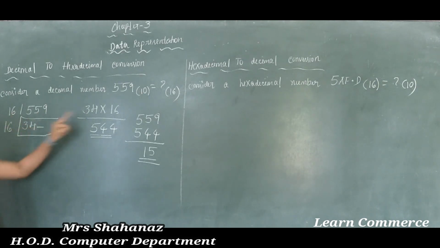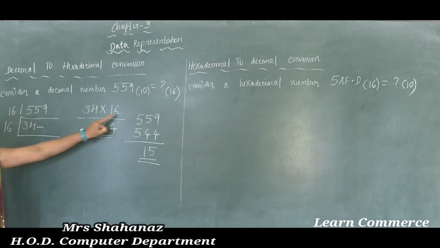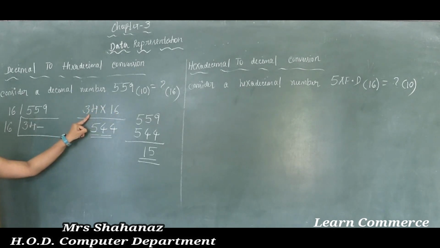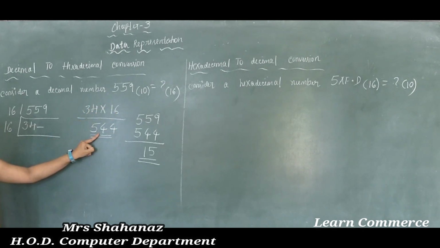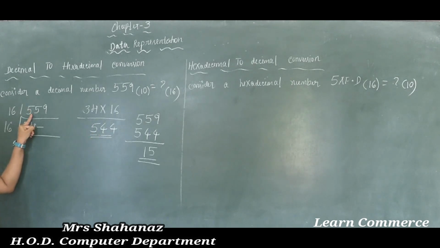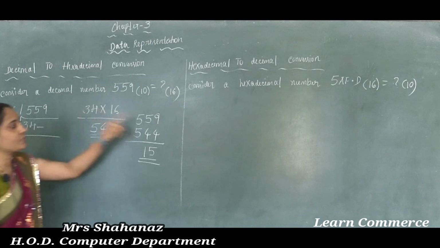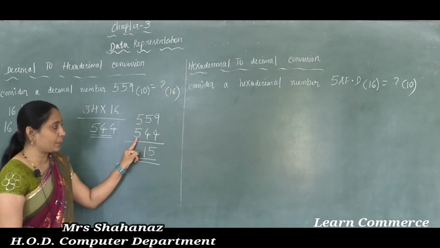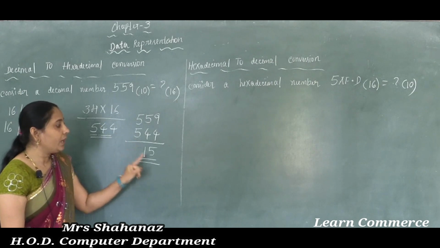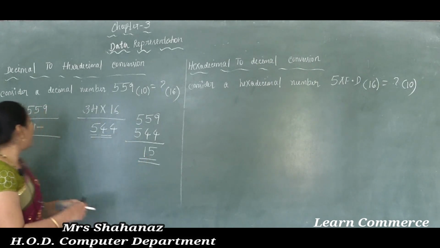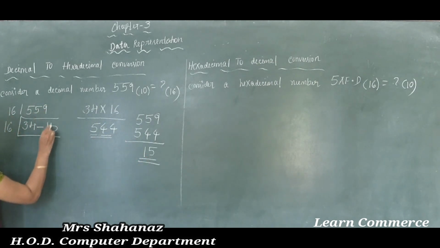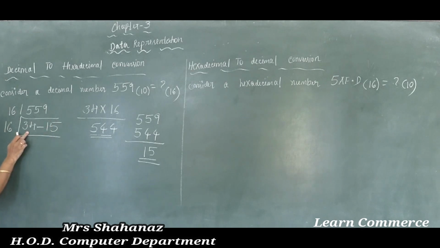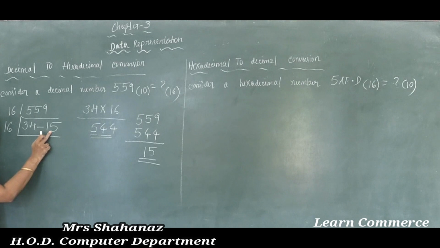When you multiply 16 into 34, the value is 544. The actual value is 559. When you subtract 544 from 559, the remaining value is 15. So this is the quotient value, and 15 is the remainder value.